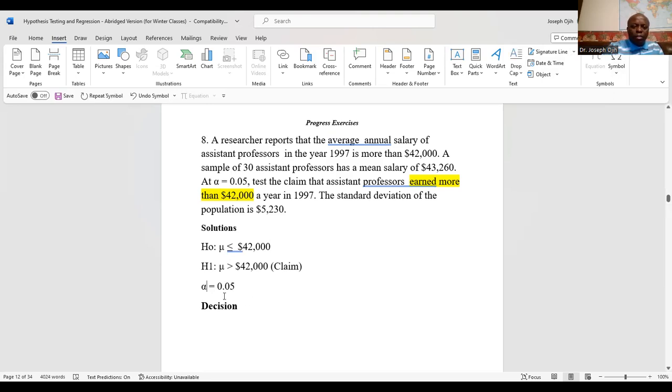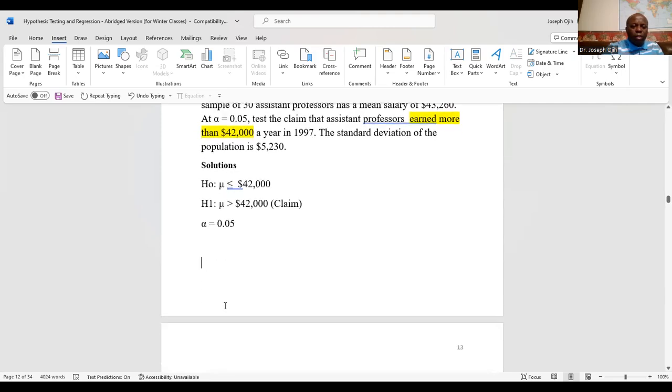And because you have the greater than symbol in the claim, that means this is a right-tailed test. So the chart will look like this.